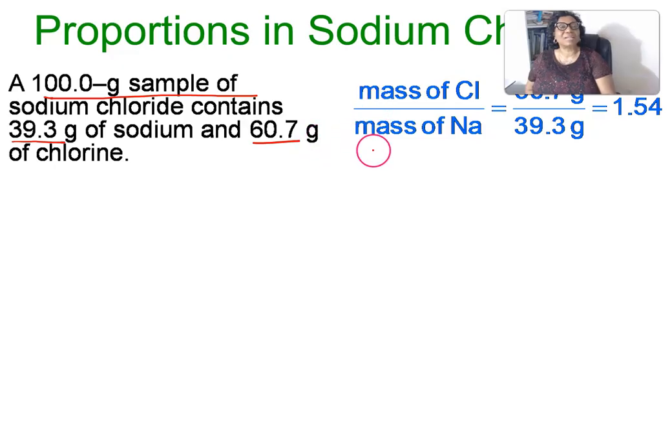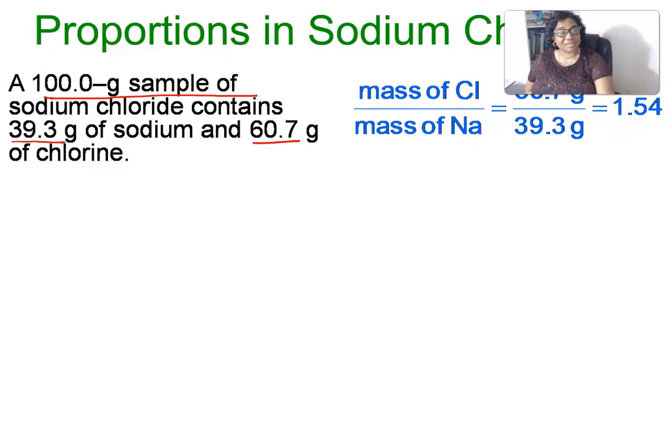So let's look at the proportion of chlorine to that of sodium in this 100 grams of sodium chloride. We put the mass of chlorine up and the mass of sodium down. You'll notice that in a 100 gram sample of sodium chloride, the ratio of chlorine to sodium is 1.54.